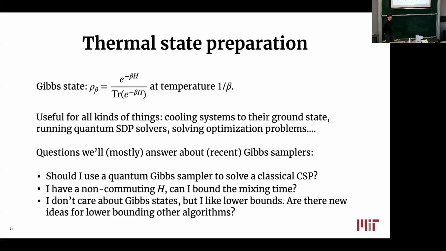And then maybe you don't care about Gibbs states, which is also fine. But do you like lower bounds? And you want to know, are there tools here that I should be thinking about for new lower bounds? One thing that I am very excited about in this work is it's the first translation I know of these overlap gap property tools that people use to provide lower bounds for stable algorithms.